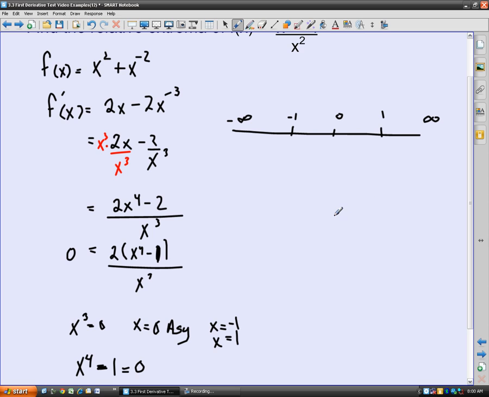like that. So if I go ahead and do the first derivative test, I'm going to do it on, say, negative 2. I'm going to use this one right here because it makes my life a little bit easier.